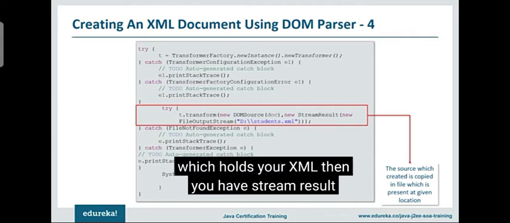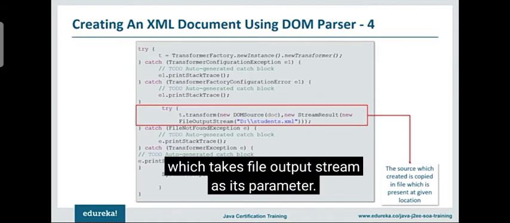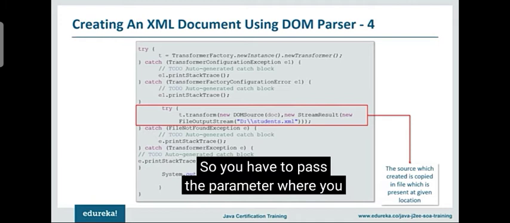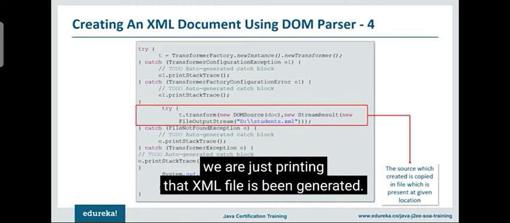Then you have StreamResult, a new StreamResult class, which takes a FileOutputStream as its parameter. So you have to pass the parameter where you want to write this XML to. And when you run this, at the end, we are just printing that the XML file is being generated.